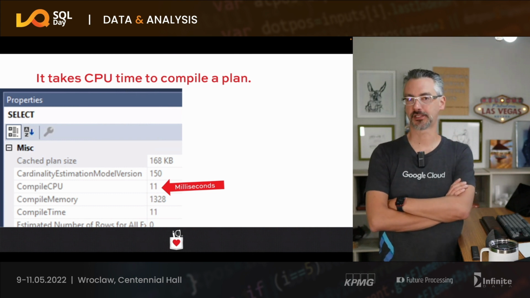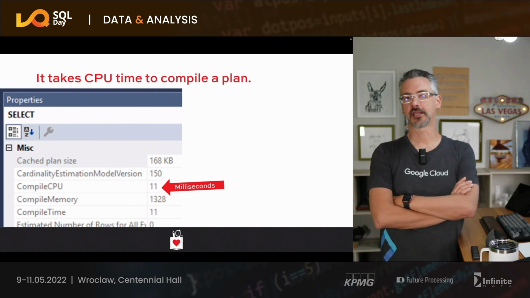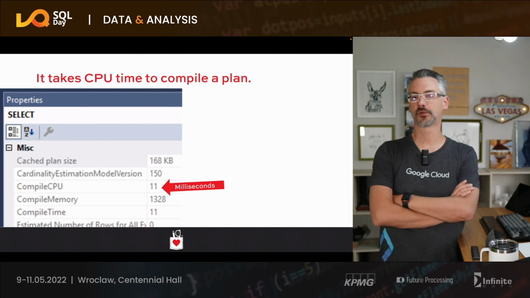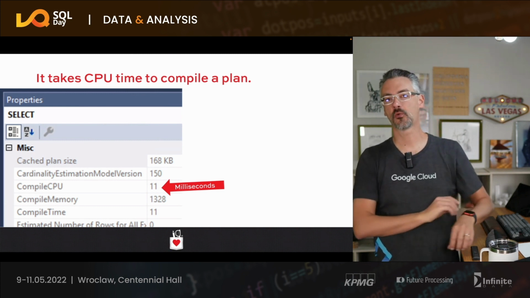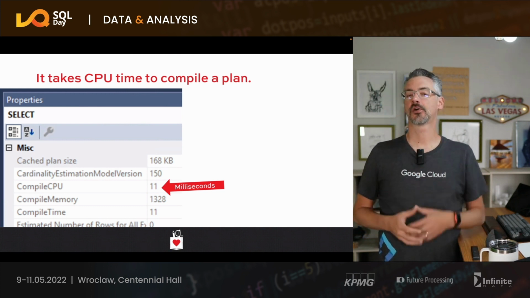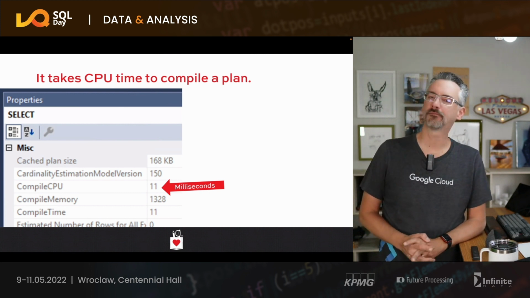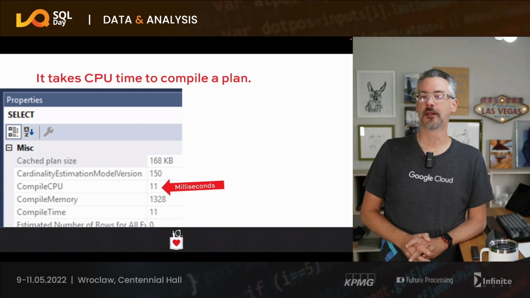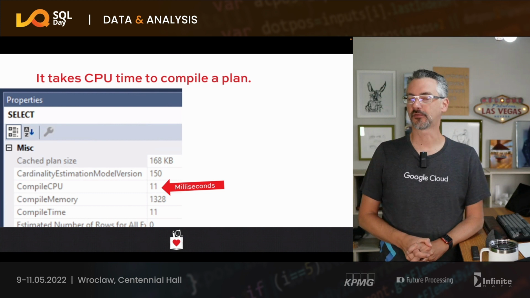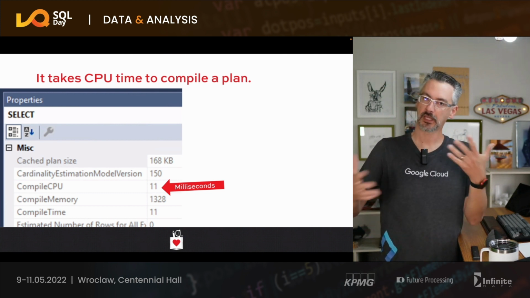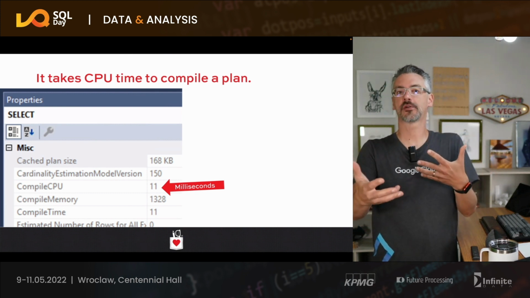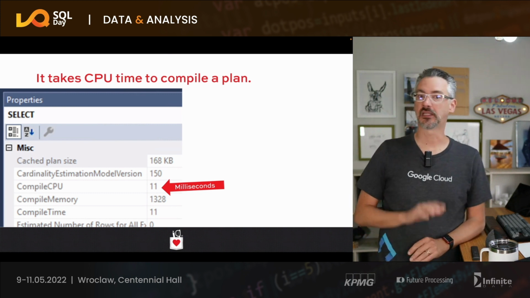These are measured in milliseconds. So it gives you a rough idea of how much CPU time SQL Server spent building that query. This one on the screen is a really simple one-table query that only took 11 milliseconds for SQL Server to compile a plan.